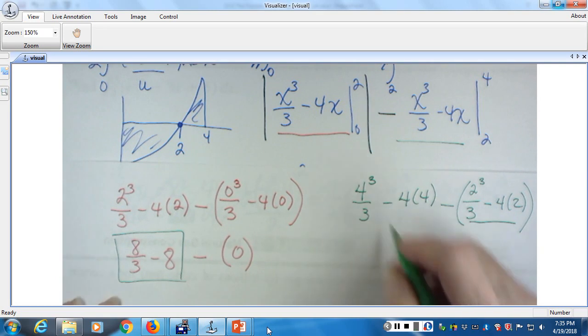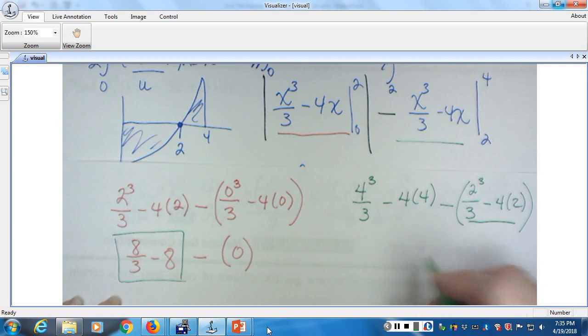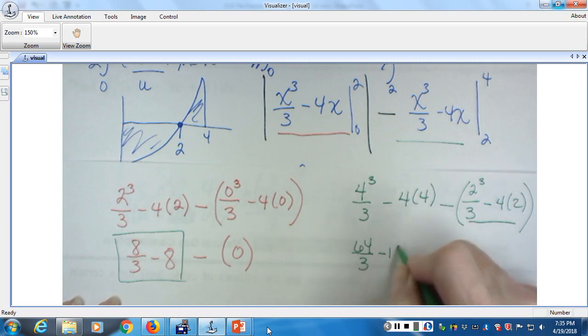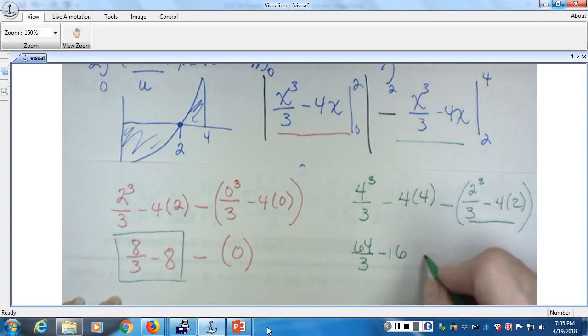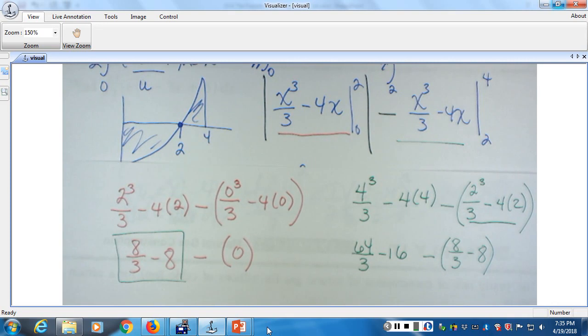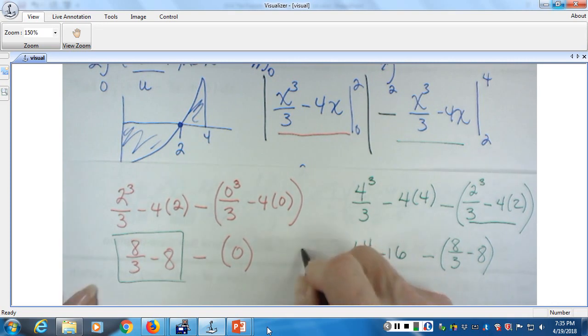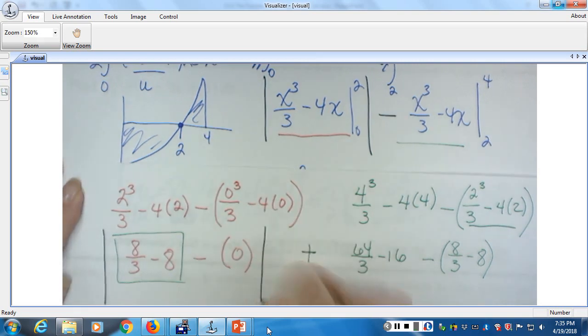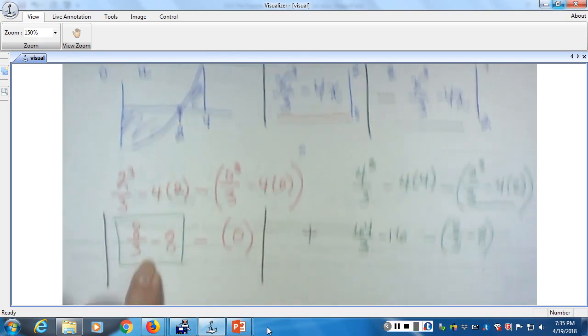So when we do this one, 4 cubed is 64 over 3 minus 16 minus 8/3 minus 8. And we're going to add these two together, but we have to take the absolute value of this one because this comes out to be negative.